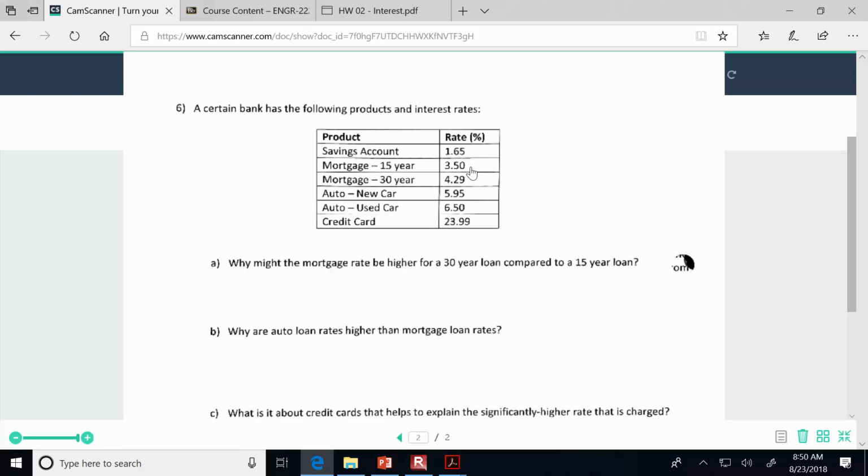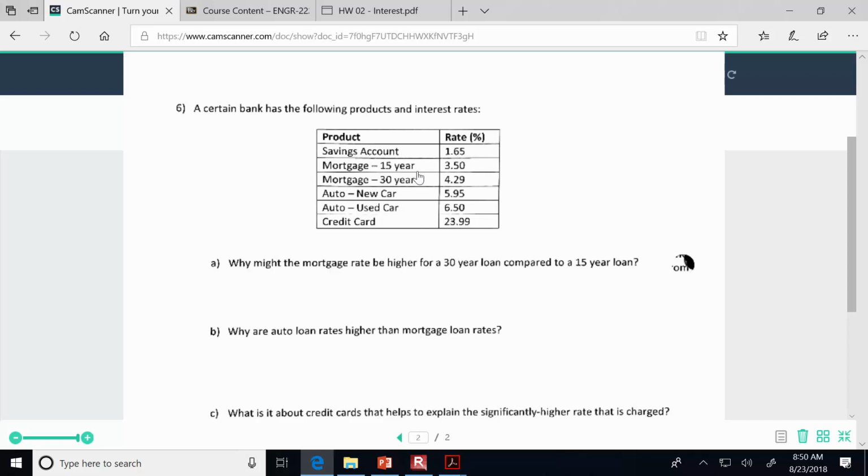Okay, absolutely. Now, part of the way that they account for the time value of money is they always charge more than they expect the inflation rate to be. So if they think that prices, and therefore the erosion of the value of a dollar, if they think the inflation rate's going to be 10% per year, they wouldn't loan money out for 4.29%. It's always going to be inflation plus some extra.